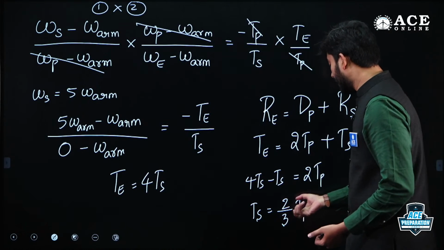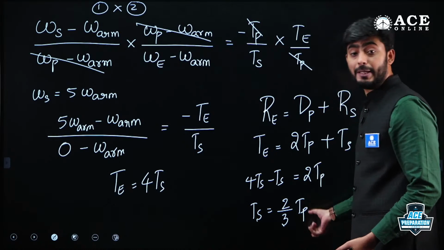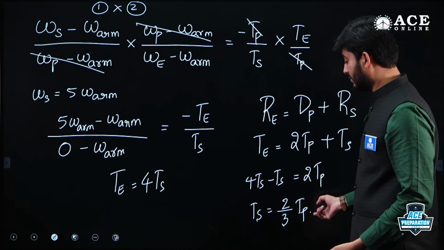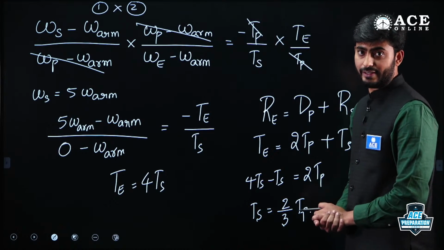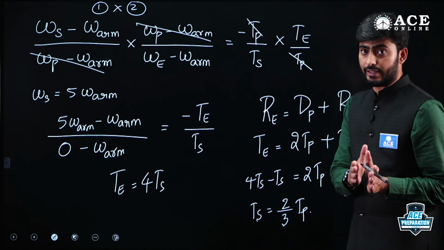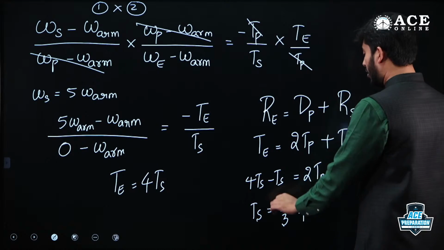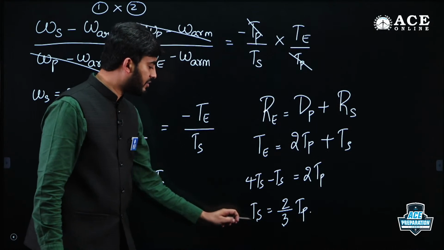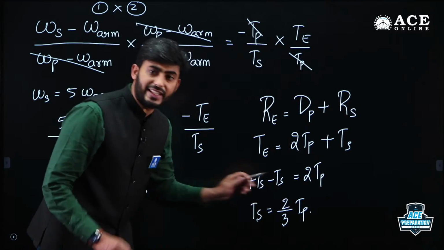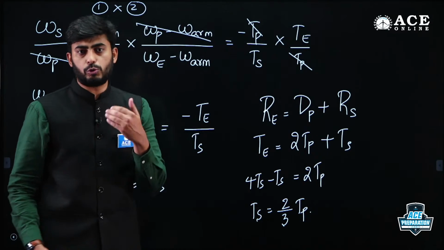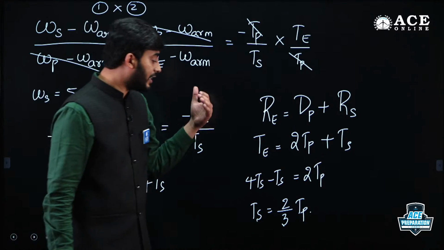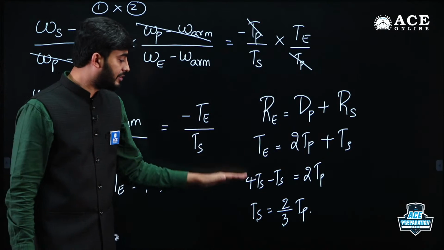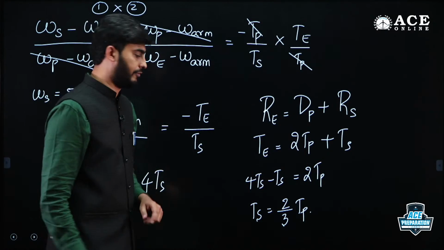So if I assign Tp as 18, then Ts value will be 12. But the condition is that the minimum teeth in that train should be 18, not 12.